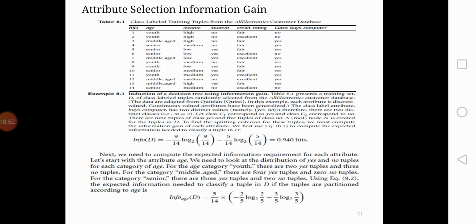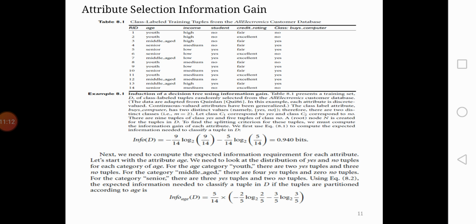These are the values belonging to the age attribute. We check how many youths there are, and how many yes and no each contains for the class label buys computer.